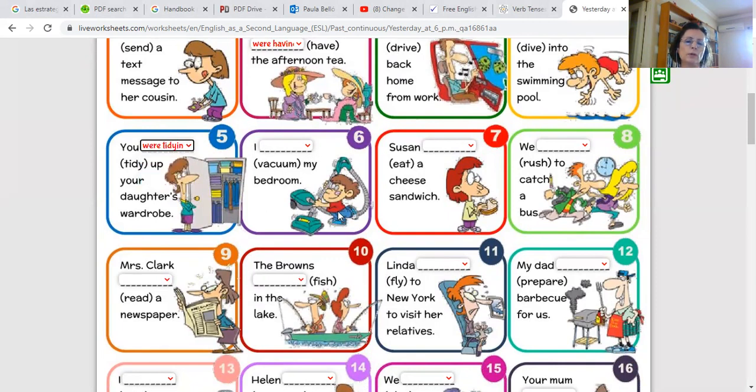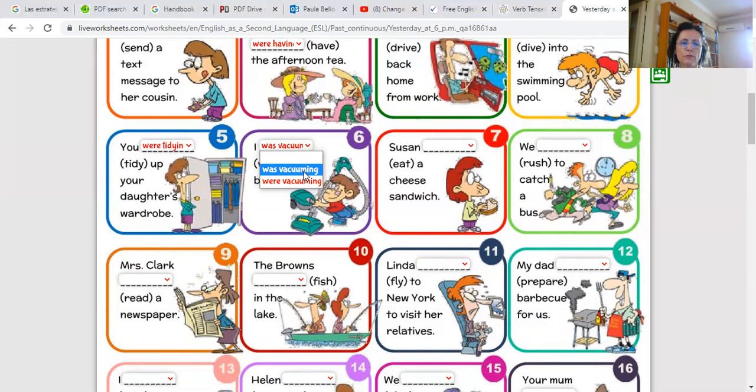You, what were you doing yesterday? I was vacuuming. Vacuum. Yes, vacuuming. Es like esto, la aspiradora, pasando la aspiradora. Vacuum. Yes, es a process.